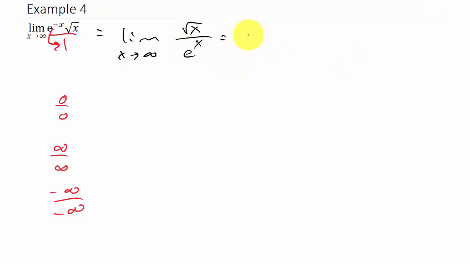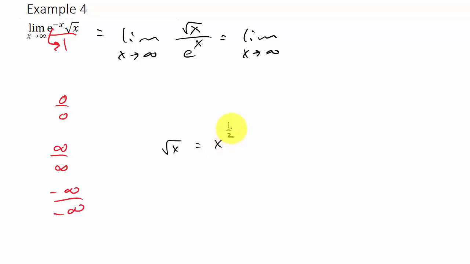So we have the limit as x goes to infinity, and then the derivative of square root of x. Do you remember what that is? If we take the square root of x, remember that's the same thing as x to the 1/2.